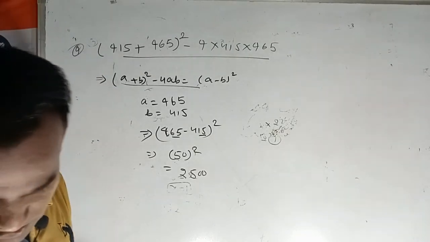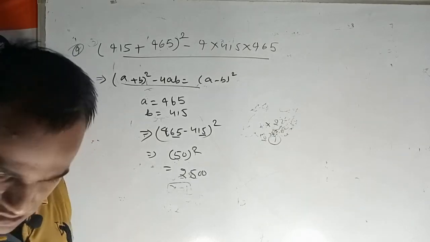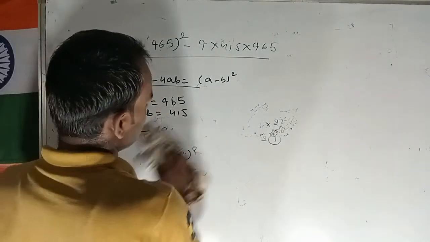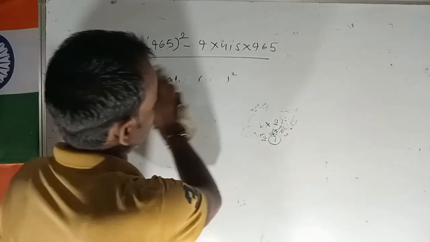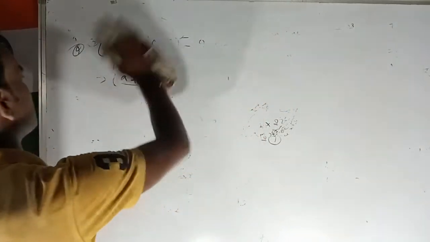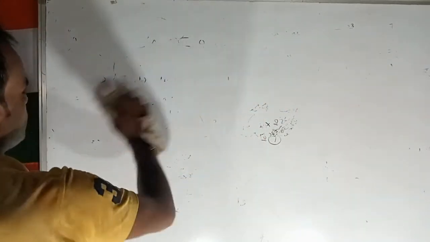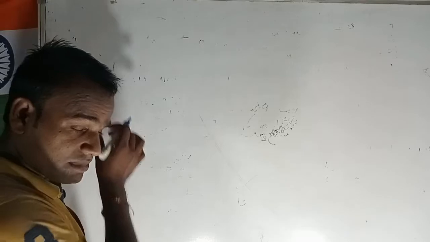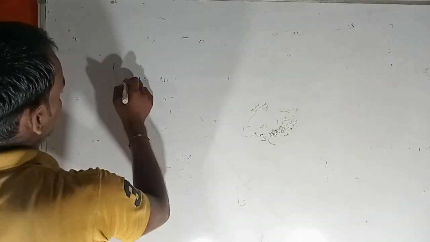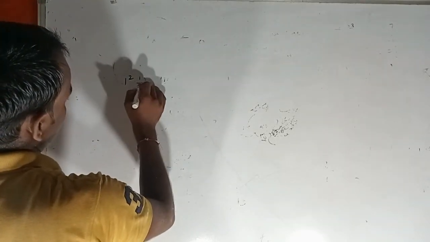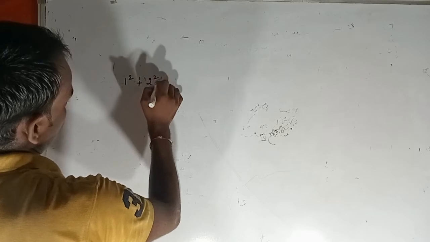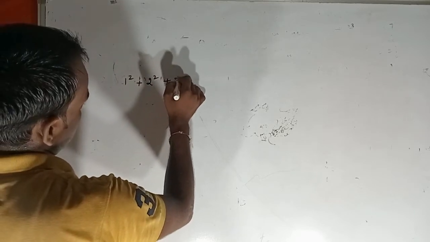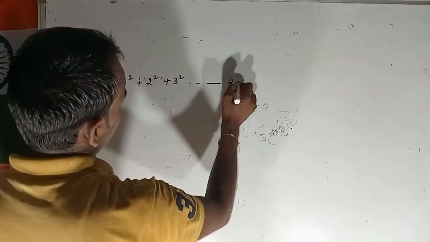The next question is, just some small questions are there. They are very easy questions, less tricky. The question is 1 square, 2 square, 3 square up to 20 to the whole square.